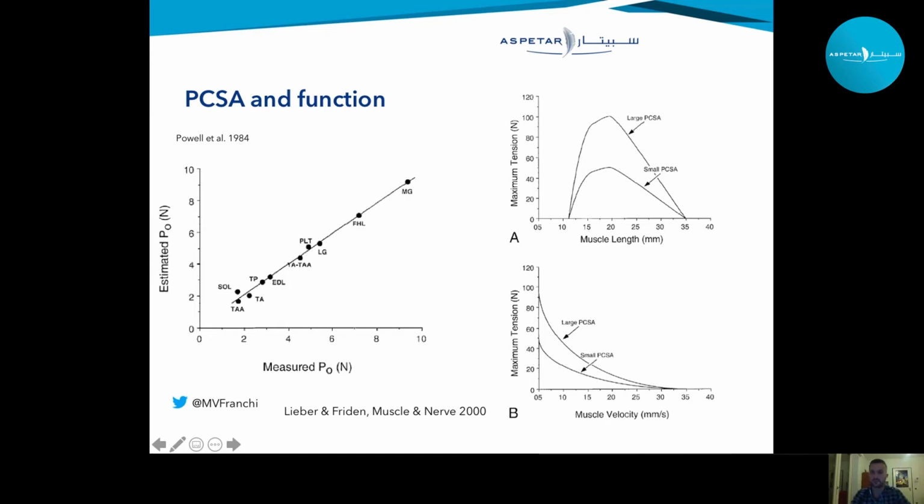But in a muscle with a large PCSA, the maximum tetanic tension could be almost double, while maintaining the same force-length relationship.